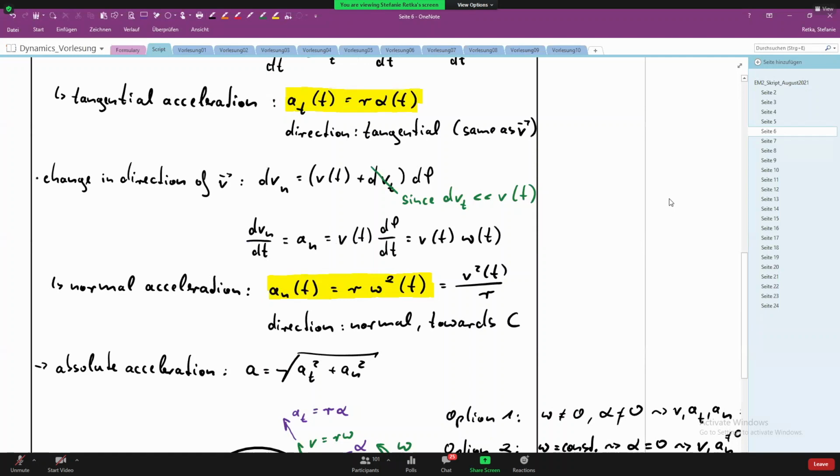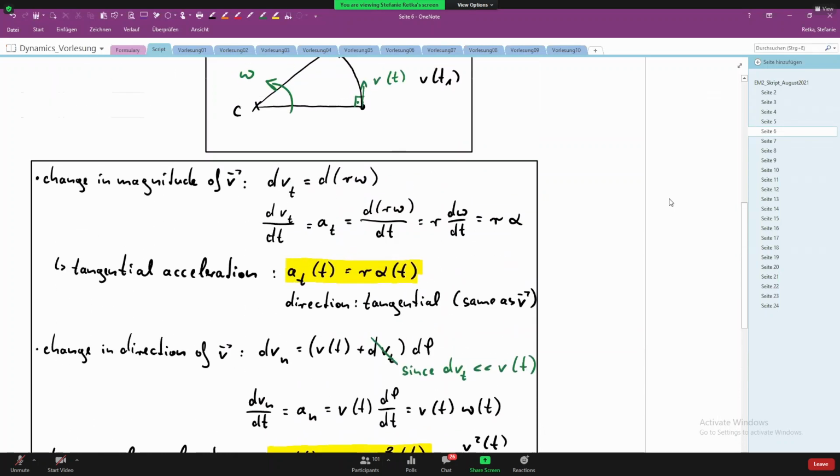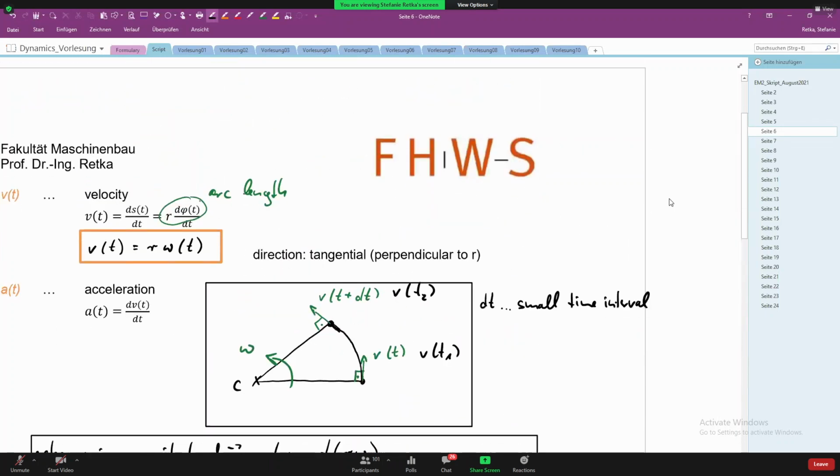Oh, that's our arc length equation. Remember we said, and now it's just we have the distance itself. It is radius times the angle, and now we simply put the time derivative, and then we say, okay, the change in direction of the velocity is the velocity itself multiplied by the angle. Up here it's stated, arc length.